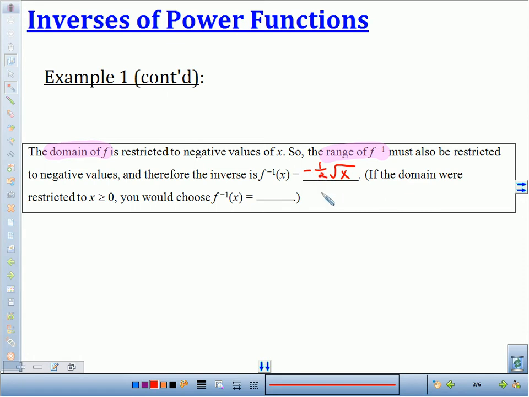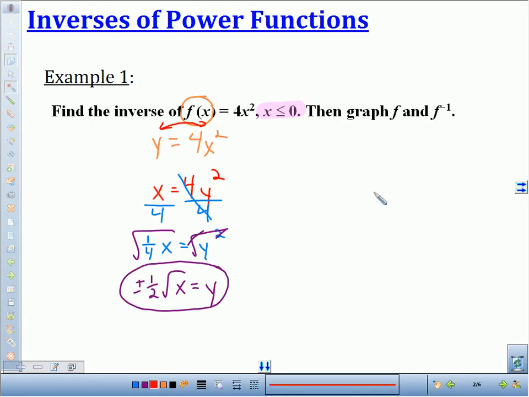If the domain were restricted to the positive numbers, x is bigger than 0, then you would choose the inverse of f of x is positive 1/2 square root of x. So we chose either positive or negative based on this restriction of the domain.